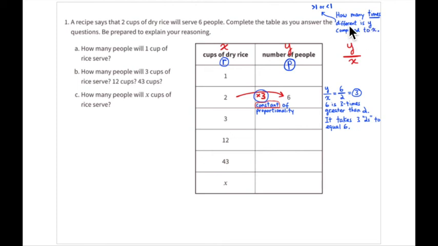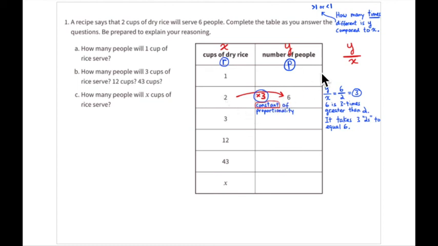Now I'm using the word different because if that factor is greater than 1, that would mean in this case that the number of people is greater than the number of cups of dry rice. If that factor is less than 1, that would mean that the number of people is less than the number of cups of dry rice, or that it's a fraction of the number of cups of dry rice.